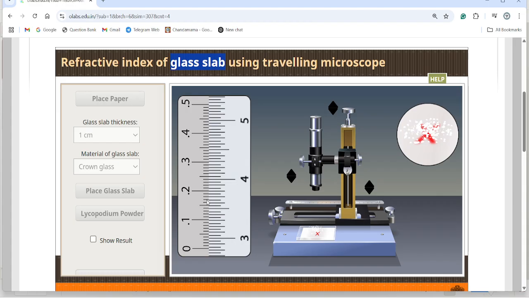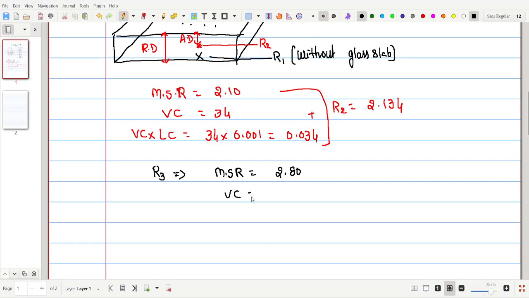I can see 21, no, 22, no, 23, no, 24, no, 25 exactly makes a straight line. So the vernier coincidence I take is 25. VC into LC, 25 into 0.001, is 0.025. Now add both, you will get 2.825. This is R3.